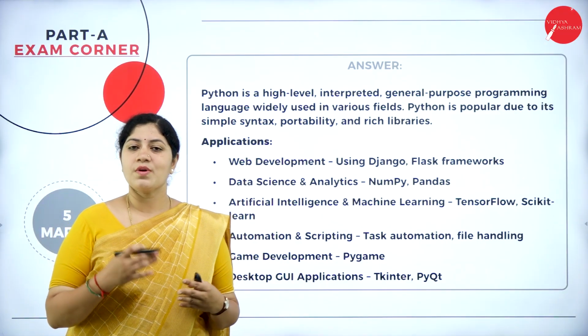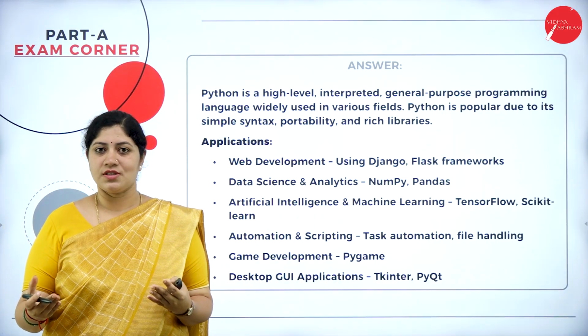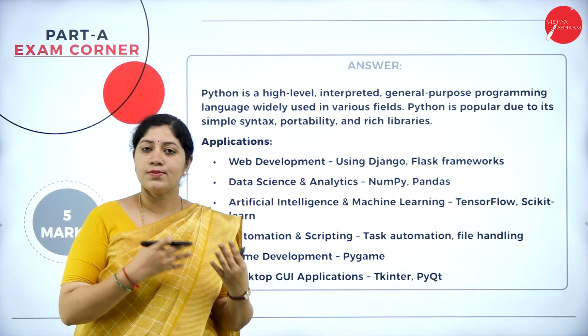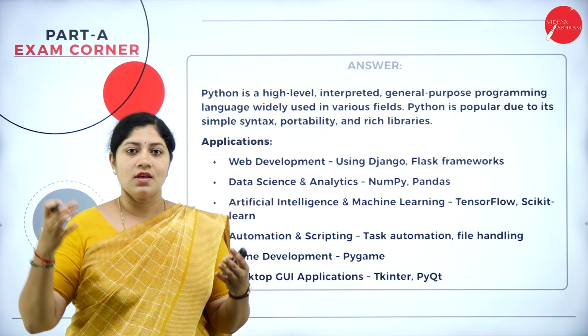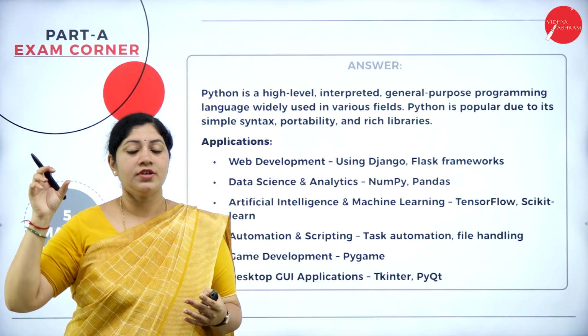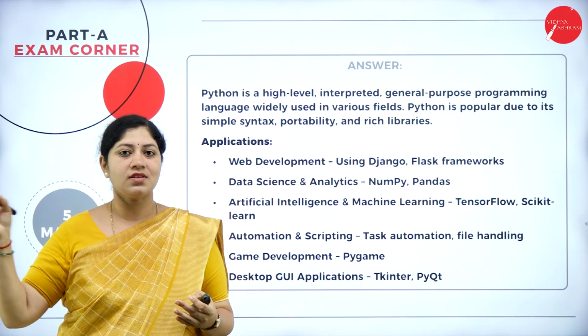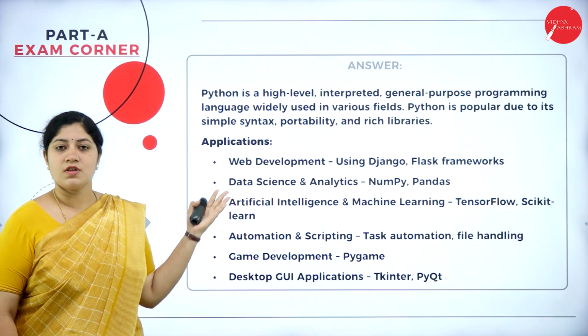So we have to add the main content before heading with the applications, okay? If it is for 2 marks or 4 marks, you can directly write the applications of Python, write the points. Then even for that point, just give a brief answer like what it is all about. Great. So let's get started over here for the 5 marks question.